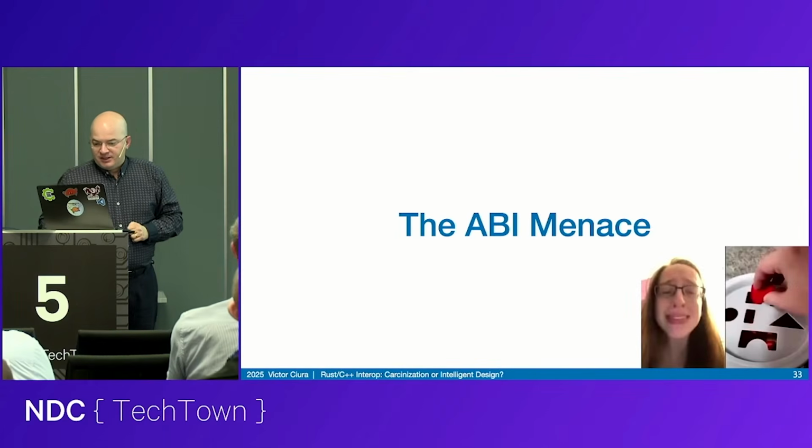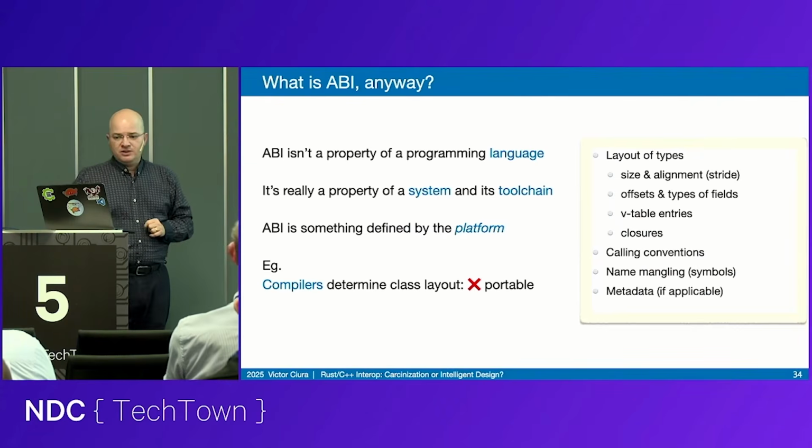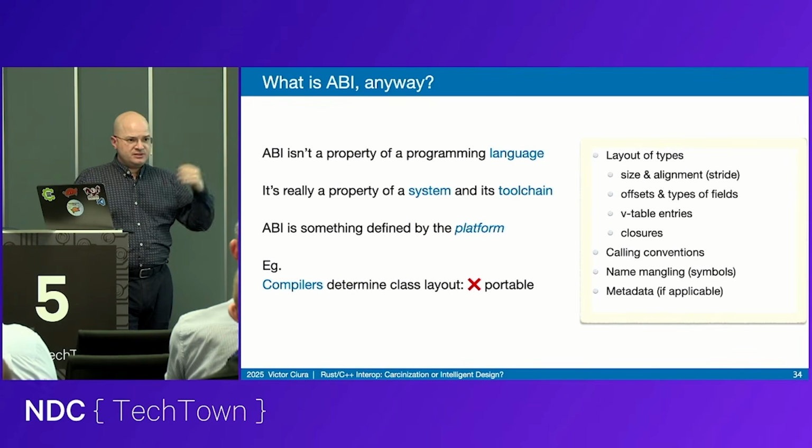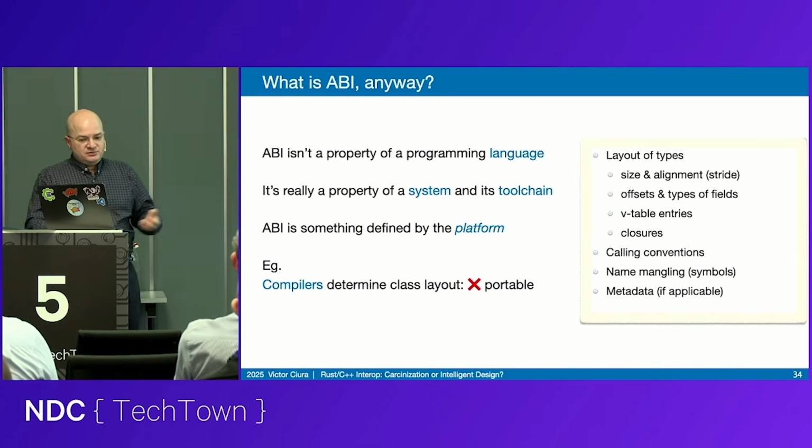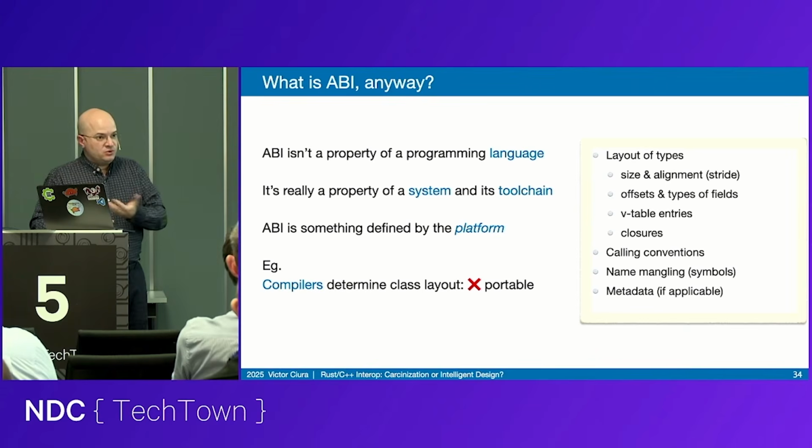So the ABI, I promised more about ABI. What is ABI about? Many people think this has something to do with the language itself. It's not. It's about the system, the toolchain, the platform you're targeting. Compilers play a big role in this, of course, but it's definitely not about the language itself.